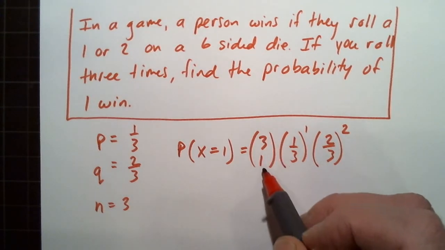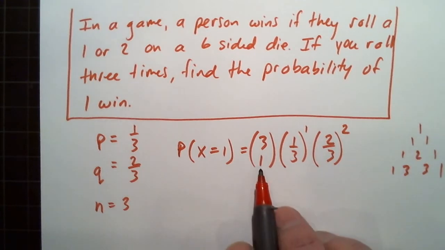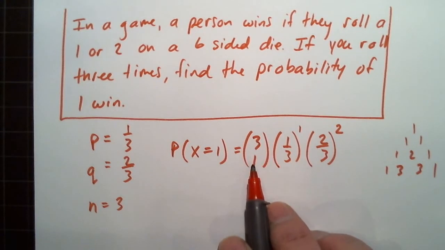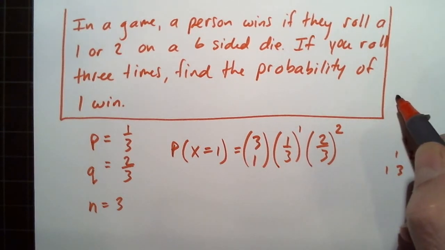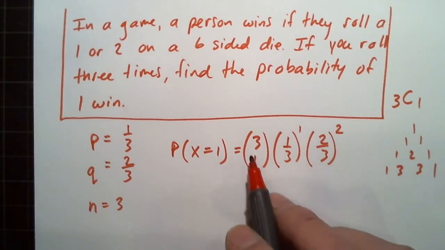So 3 choose 1. See the connection to Pascal's triangle and binomial expansion. When we have 3 choose 1, or n choose r, we calculate it with factorials.